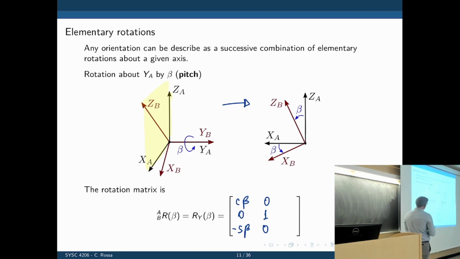And then the last one is ZB onto XA, which is sine of beta. ZB on YA is 0, and then the last one, the projection of both Z's, is cosine beta.